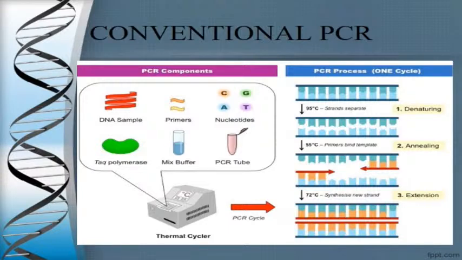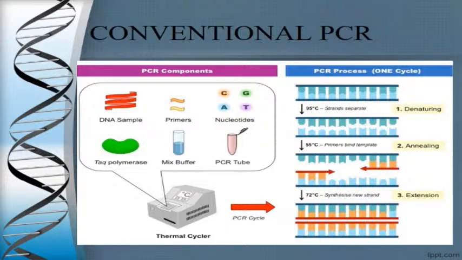What we have there constitutes what I talked about earlier as our master mix. You take it to the PCR machine, the thermocycler, then you set up the process on it, and then you wait. Immediately that is done, you bring out what we call your PCR product.